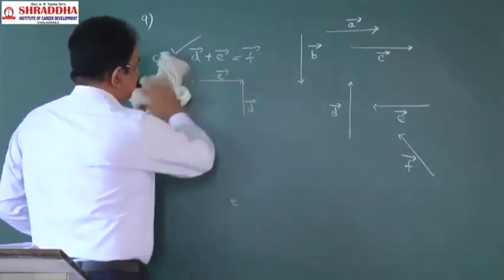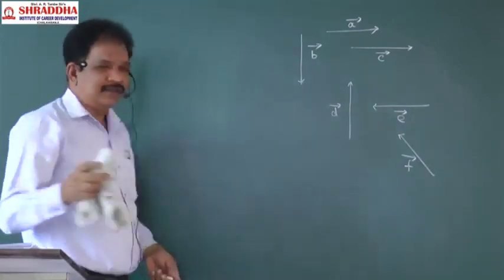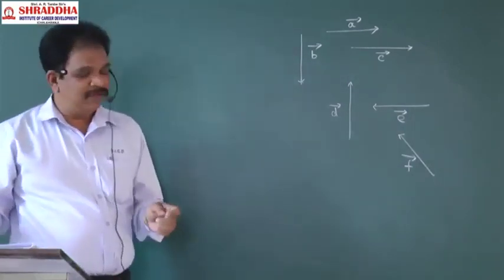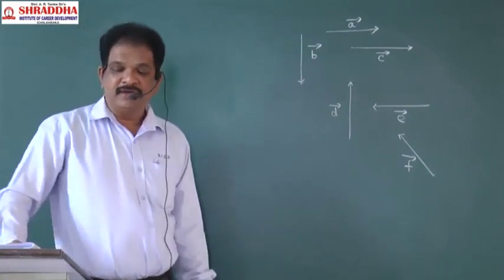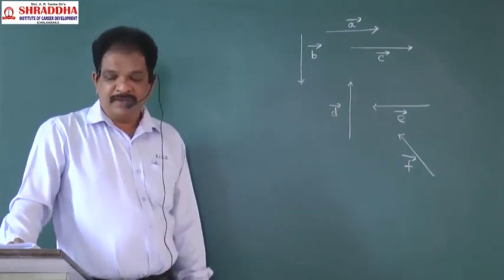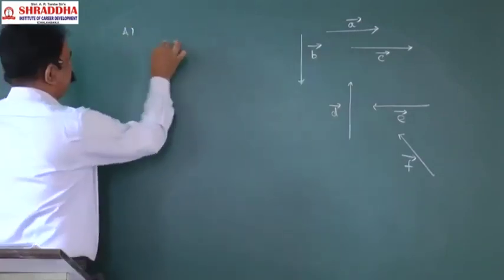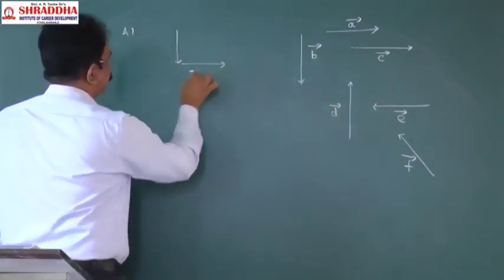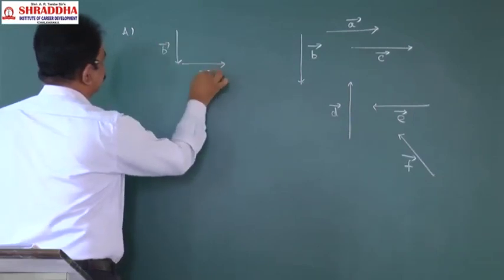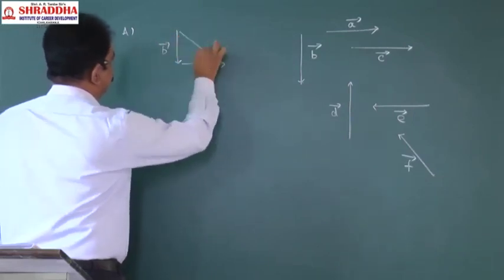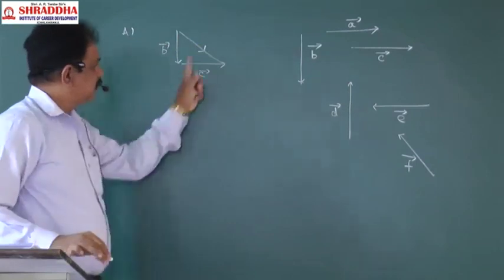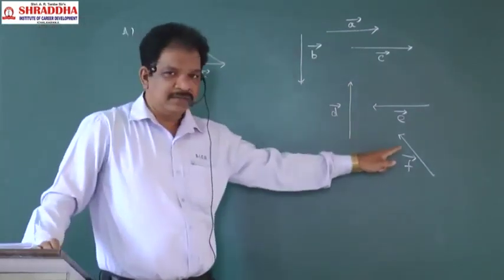Okay. So once again see, simple only. We will verify one by one. Once again, for your understanding I am repeating. B bar plus C bar. This is B bar, this is C bar. Their resultant will be like this. This is not F bar.